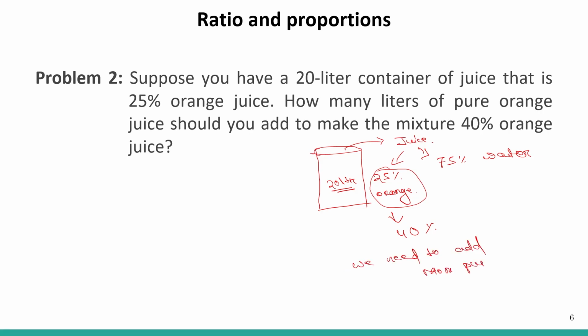If we add some X amount of pure orange juice, then the percentage converts to 40. So we'll let the amount of orange juice needed be X liters. This is how we will assume and proceed, and at the end what we find for X will be the correct answer.